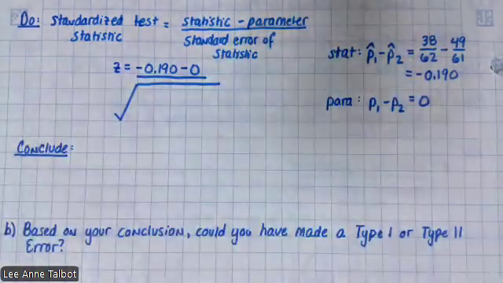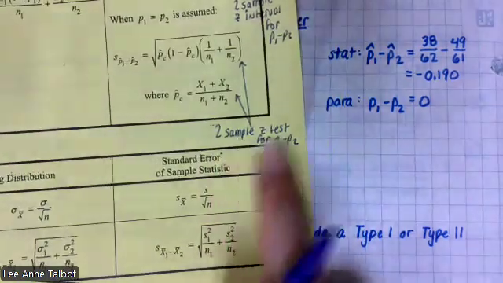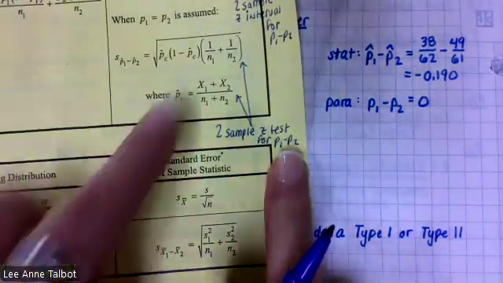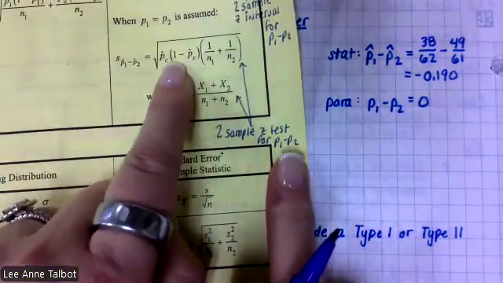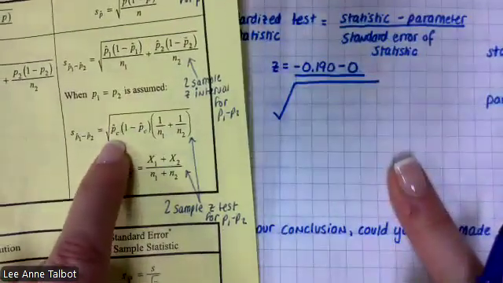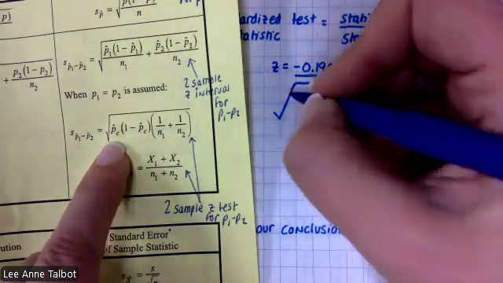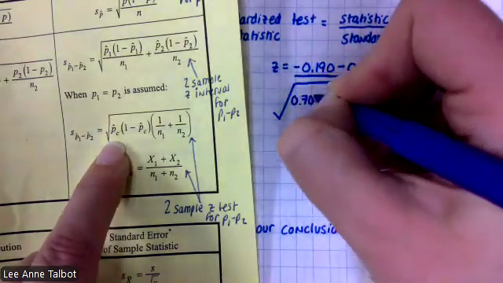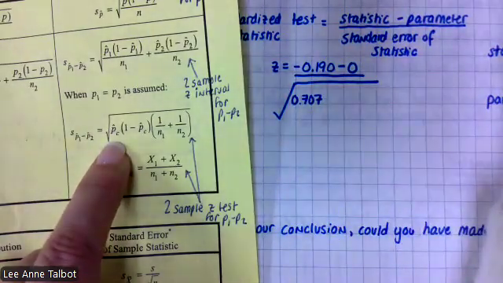Standard error of statistic. Okay, so then we go here. We're doing a two sample z-test for P1 minus P2, and we plug the things into this formula. Okay, so P hat C, that was our area code. Do you guys remember the area code thing?